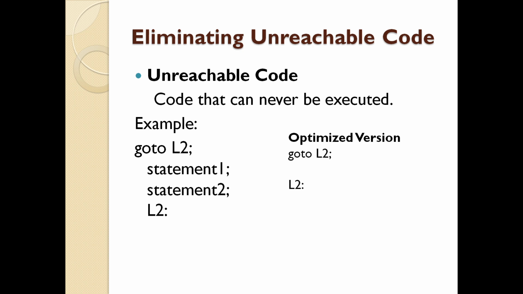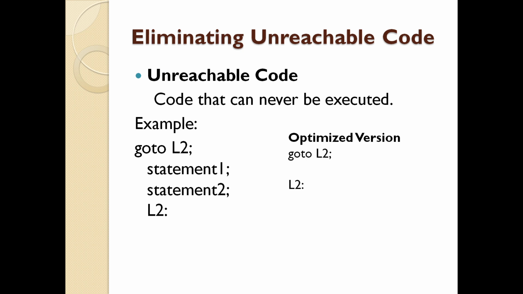So next, eliminating unreachable code. Let us move to the second optimization, elimination of unreachable code. Unreachable code refers to statements that can never be executed during program execution. Since such code will never run, keeping it serves no purpose. Consider this example. The goto statement immediately transfers control to label L2.